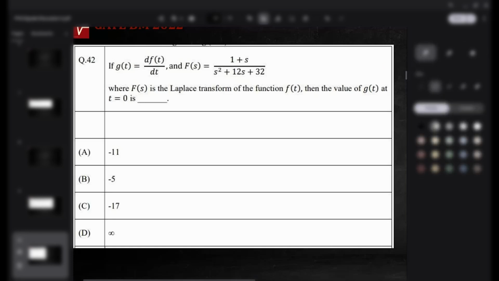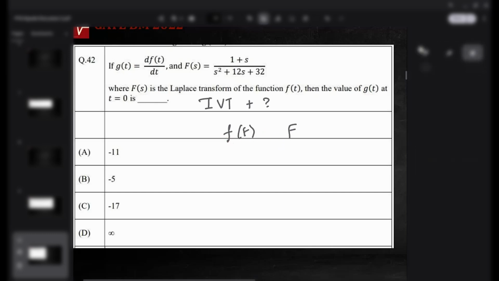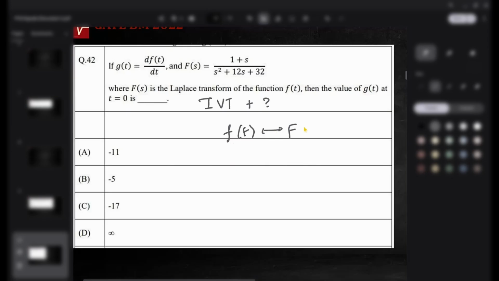IVT plus what? Probably we should solve this question today. This is IVT plus. I'll do one more thing and we'll go ahead and solve this. It is from one of the things we saw today. f of t goes to F of s.